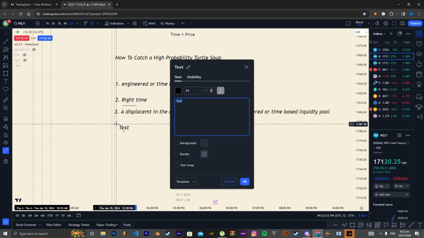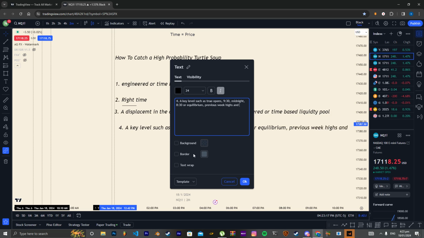And then for a key level such as true opens: 9:30, midnight, 8:30, or equilibrium, previous week highs and lows, previous day highs and lows.